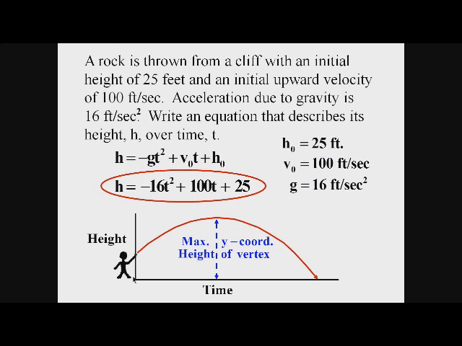I could say, when does the rock reach its maximum height? And I could also ask, what would be the maximum height? If I ask, when does it reach its maximum height, then you're looking for the x-coordinate of the vertex. If I ask what that height is, then you're looking for the y-coordinate of the vertex. I could also ask when it hits the ground. What critical feature of the quadratic would I be looking for then? If I said, when does it hit the ground? I'd be looking for the x-intercept. That is correct.